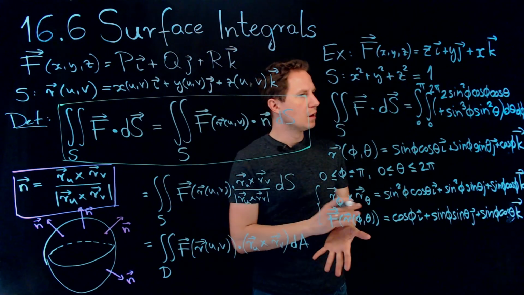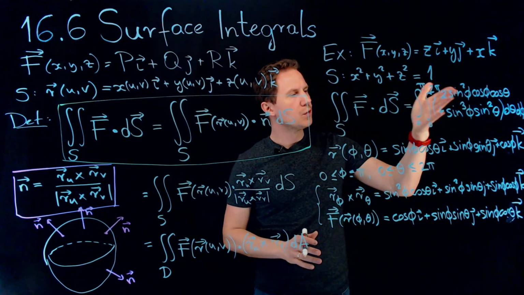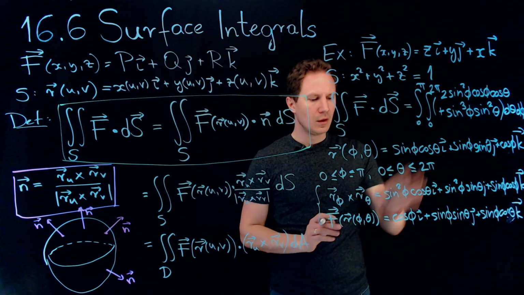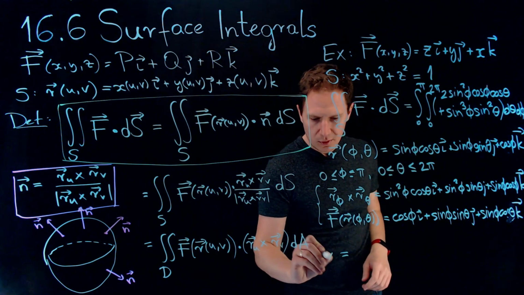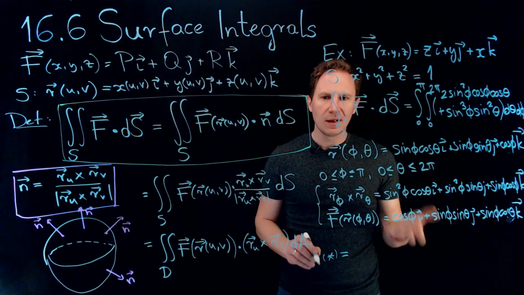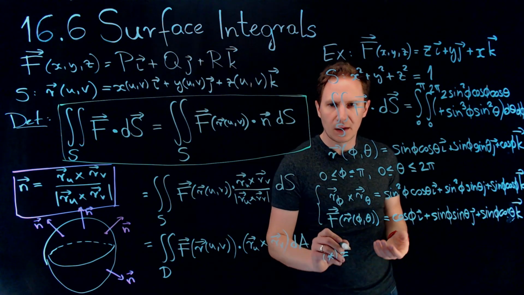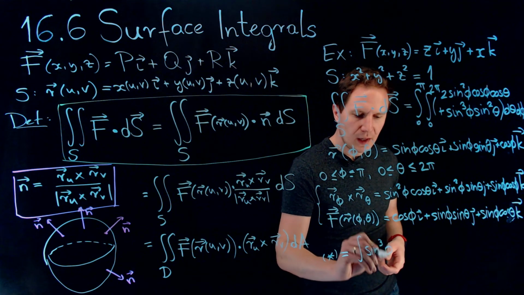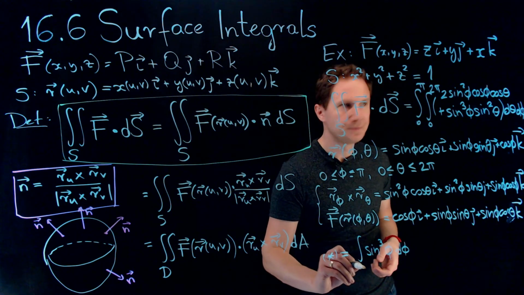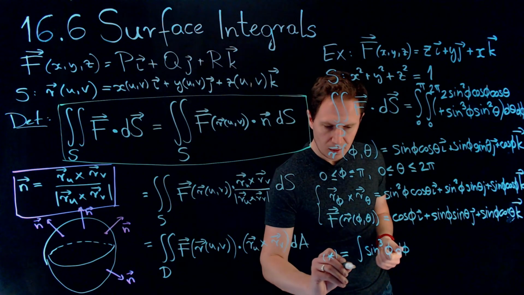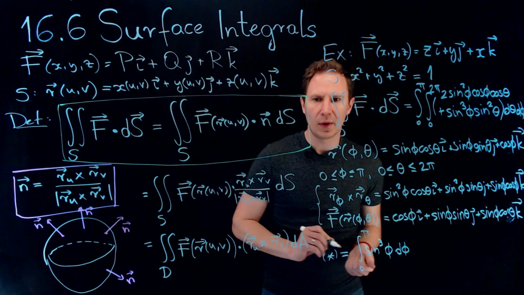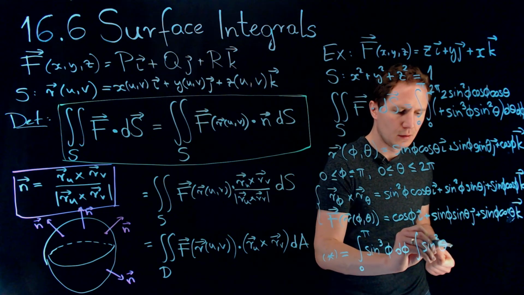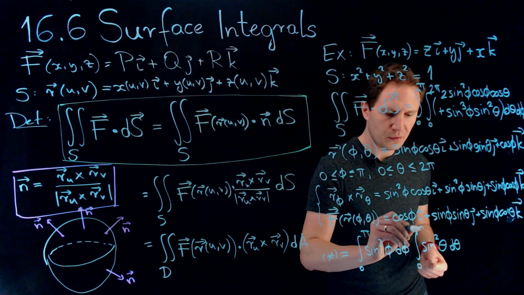So this is the function which we have to integrate with respect to theta and phi. That integration is not too complicated. We've seen similar integrals before. So when you do the integral, you will find that in the end you will have an integral of sine cubed of phi with respect to phi as it changes from 0 to pi, times the integral of sine squared of theta with respect to theta as it changes from 0 to 2 pi.